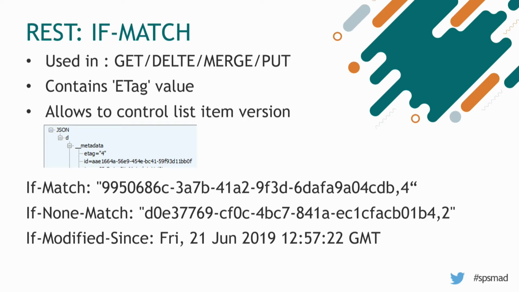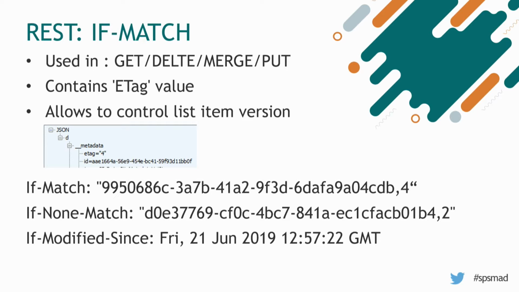If we pass it with our request, we tell SharePoint, OK, I would like to delete this list item, but only if the tag matches the previous state of the object. If it's different, then we'll receive the answer, OK, the object has been modified, I don't want to. You will now have to decide what to do with it. That's pretty powerful as well.